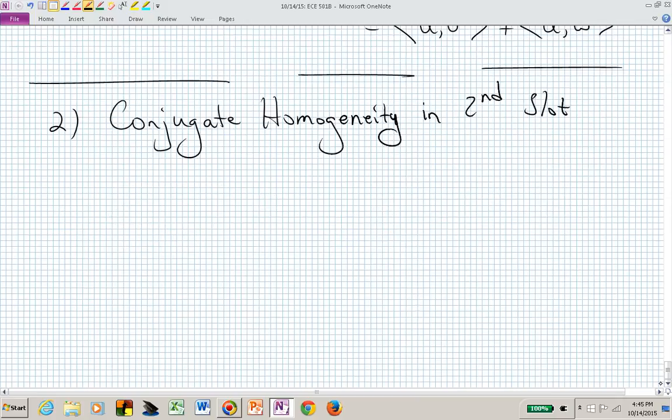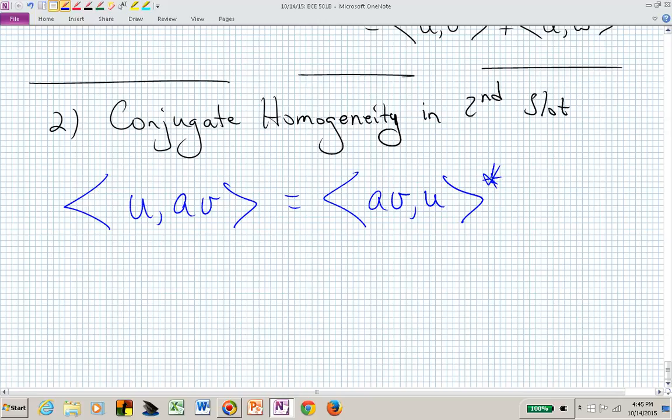Here we have, let's say u, and a scaled vector scaled by a in the second slot. Again, if we want to get what's in the second slot in the first slot, we can conjugate that so that now we have AV with u, the conjugate of that. But now we can apply our homogeneity in the first slot, inside the conjugation operation.